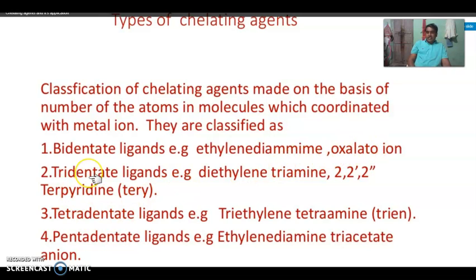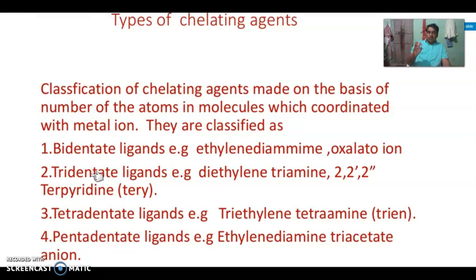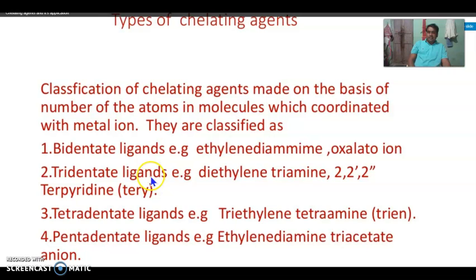Another type is tridentate: if one ligand forms three bonds with the metal ion, it is called a tridentate ligand. Diethylene triamine and 2,2',2''-terpyridine also form three bonds with a single metal. Then the tetradentate ligand, for example triethylene tetraamine, forms four bonds with a metal.